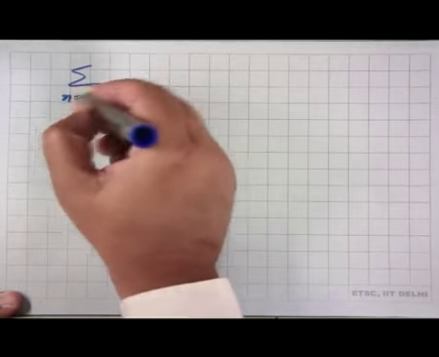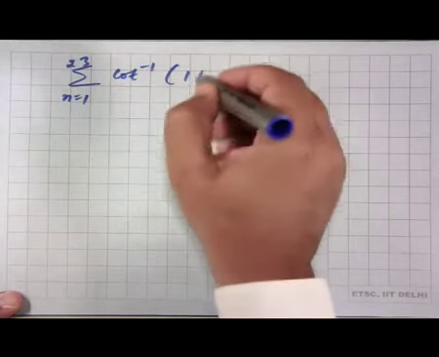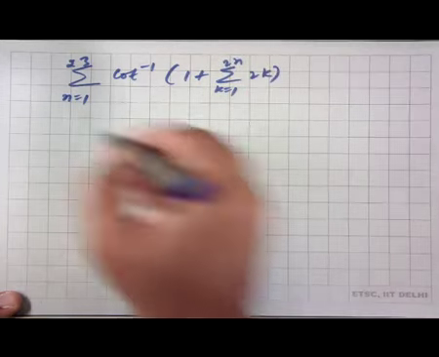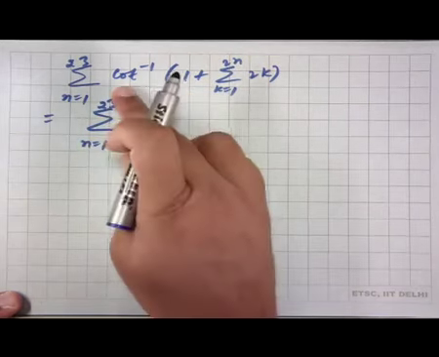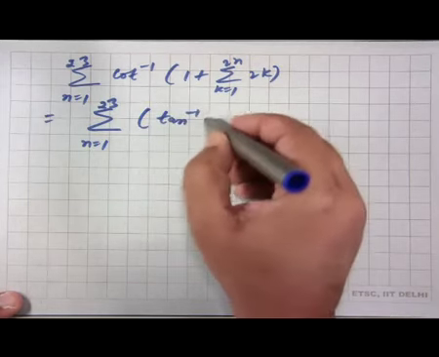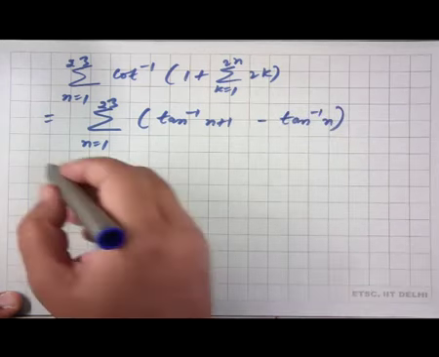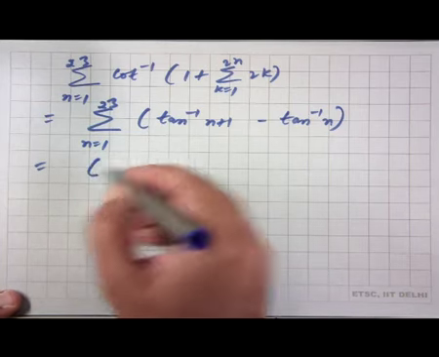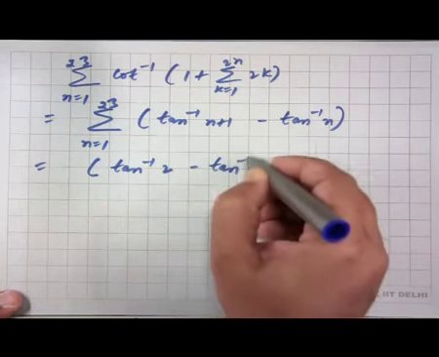summation of n equal to 1 to 23 of cot inverse 1 plus summation k equal to 1 to 2n of 2k, which is equal to summation n equal to 1 to 23. Now, if we replace all these cot inverses by the expression tan inverse of n plus 1 minus tan inverse of n, and then expand this big summation, starting with n equal to 1, the first term is tan inverse 2 minus tan inverse 1.